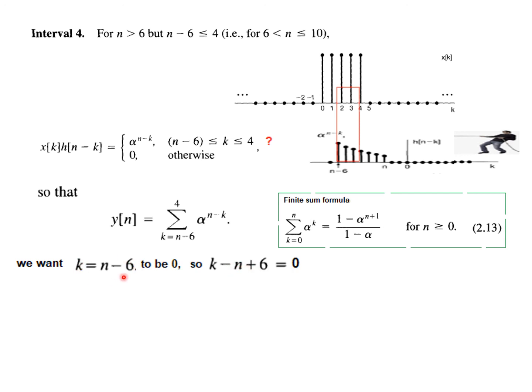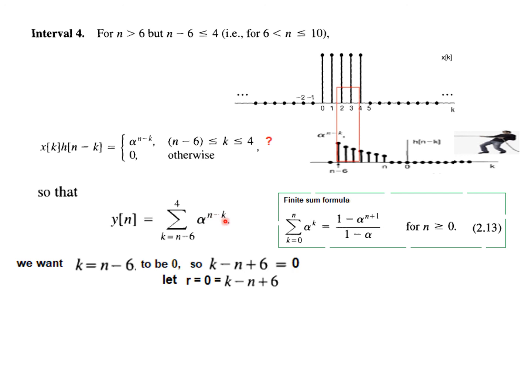Moving this to the left hand side, we get 0. Now we want a new variable r, which should also be 0. So we take a variable r equal to k minus n plus 6, which is also equal to 0.